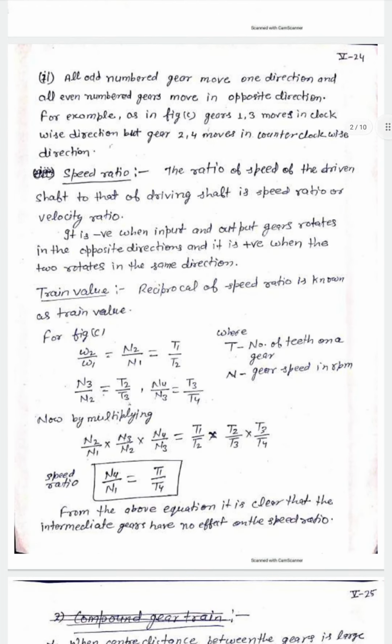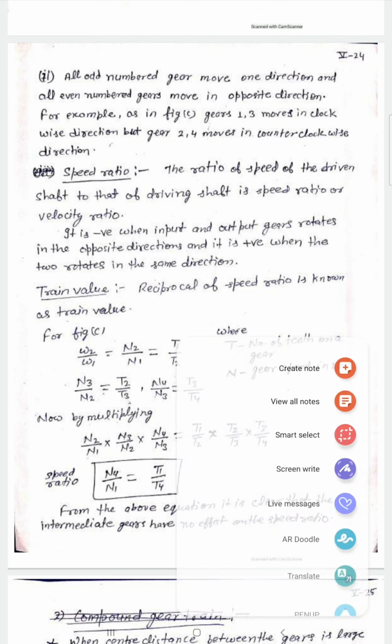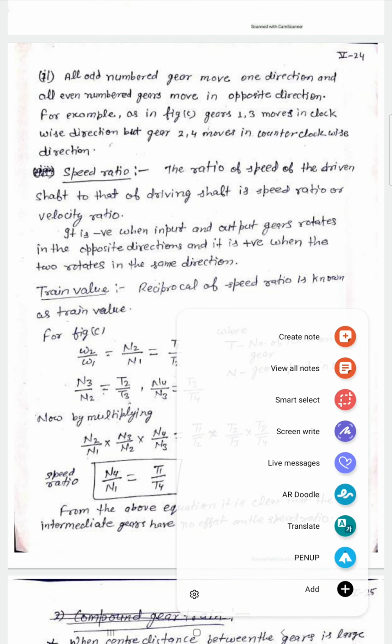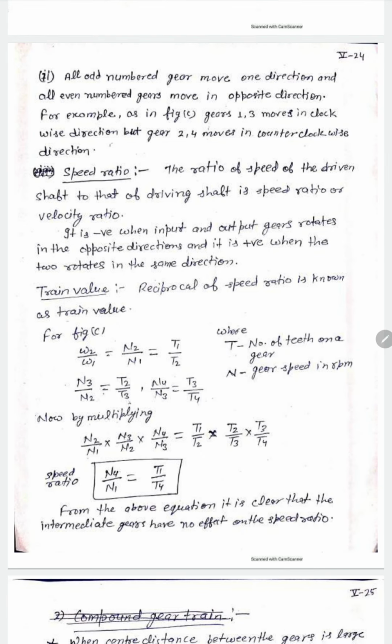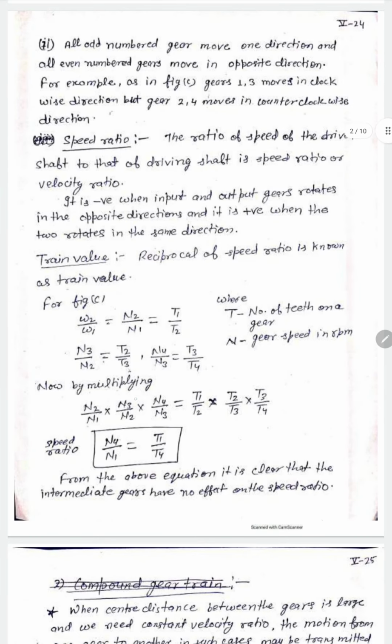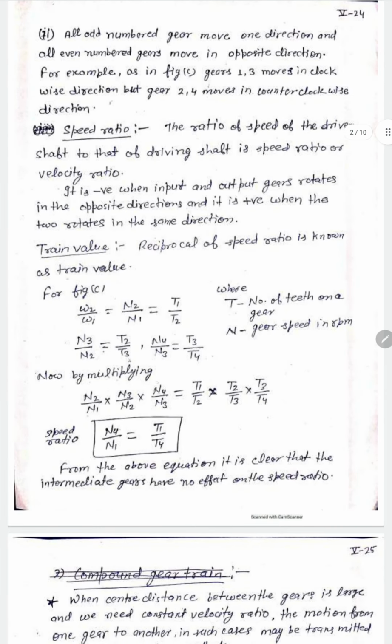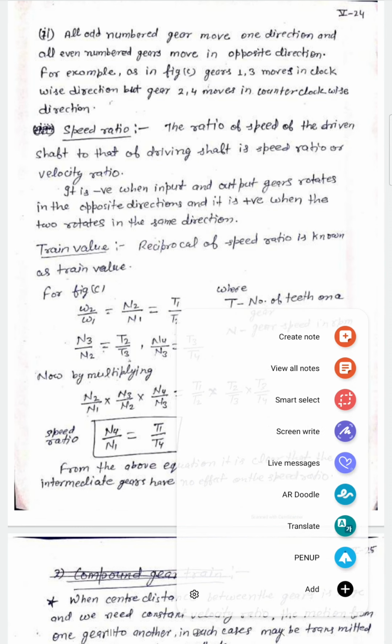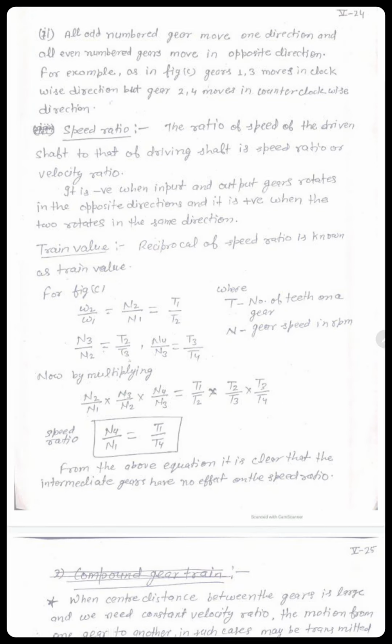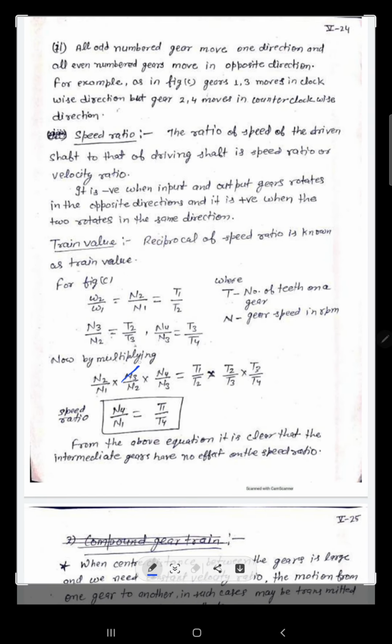Finally, we get the speed ratio by cancelling the terms. This N3 and this N3 get cancelled, N2 and N2 get cancelled.